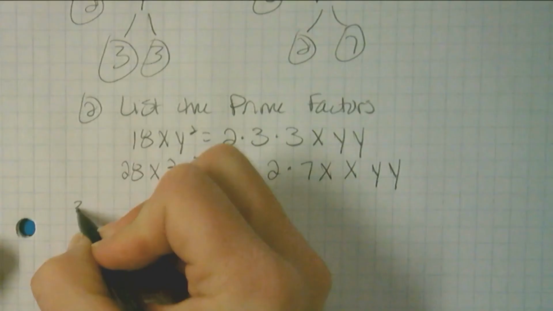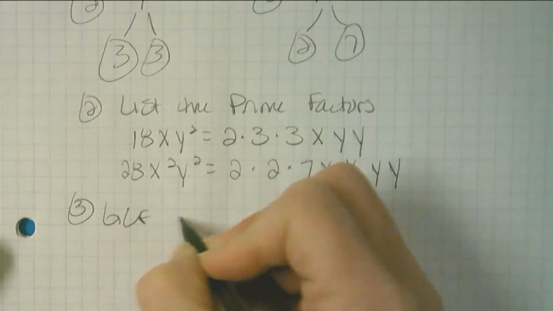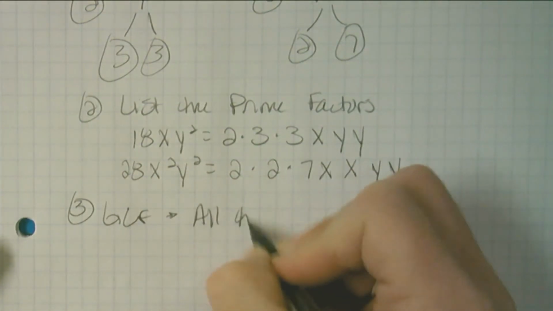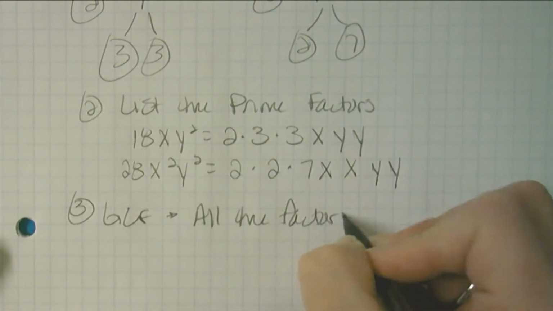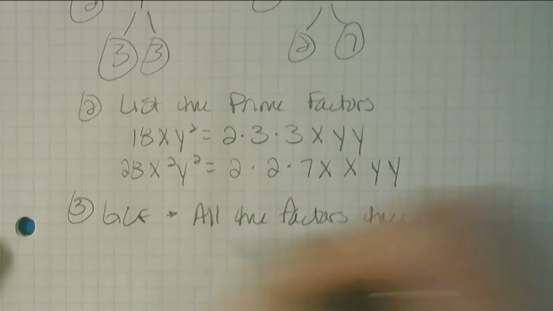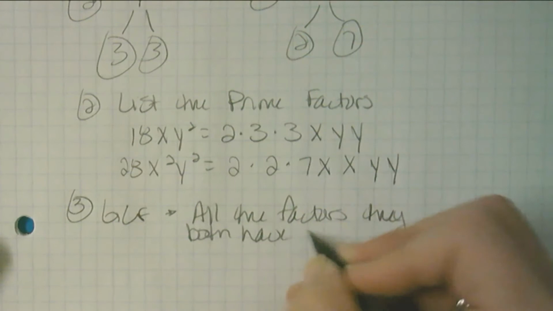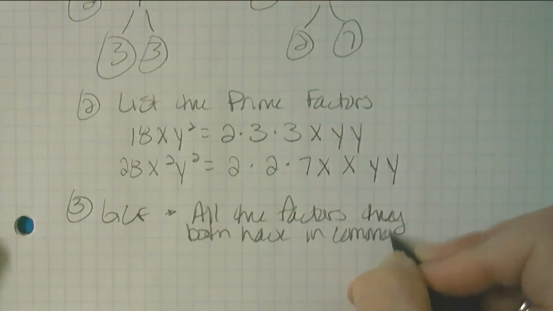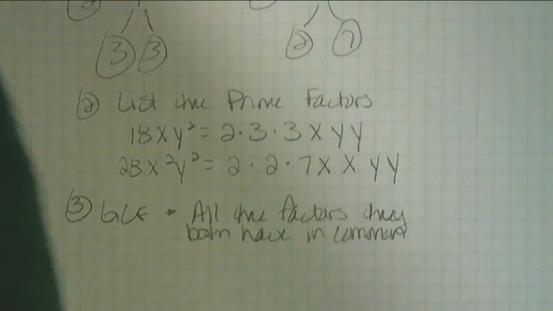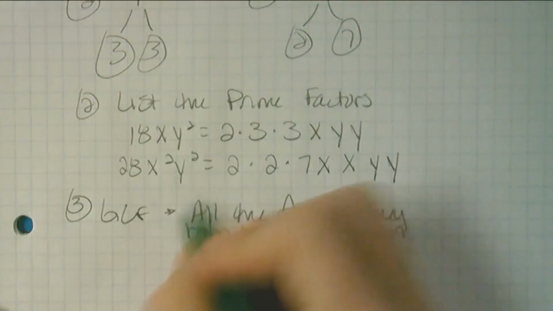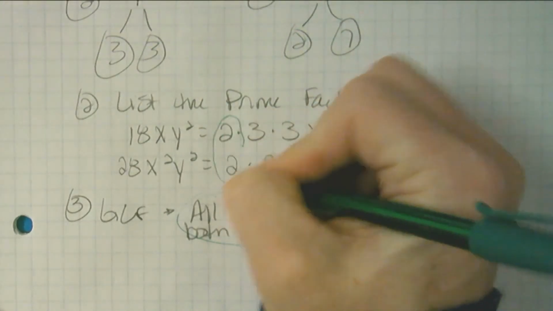So now the third thing, our GCF, these are all the factors they both have in common. And I want you guys circling them. So I'm going to go through here. They have a 2 in common.